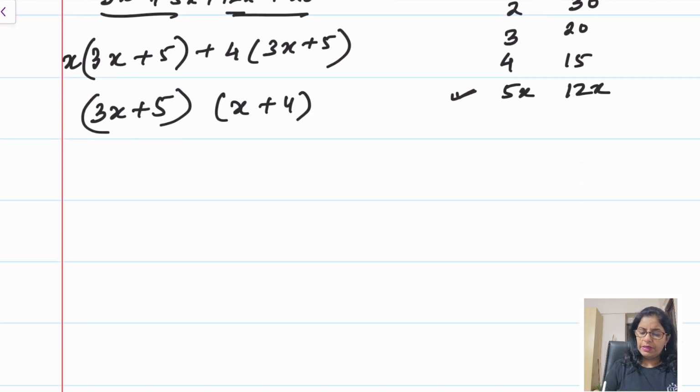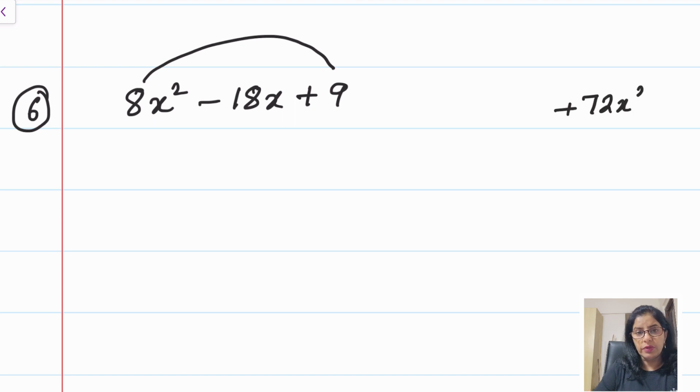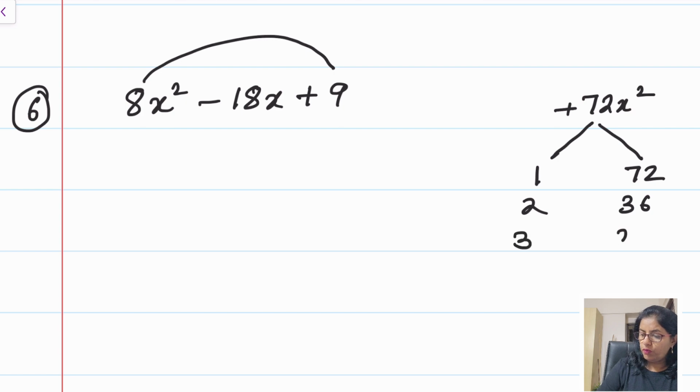One more example I'll take, where the product of these two is positive, 72x square, but the middle term is negative. That means the factors will be of the same sign, negative sign. So let's choose the factors: 1, 72, 2, 36, 3, 24, 4, 18, 6, 12. So which two factors join to make 18?